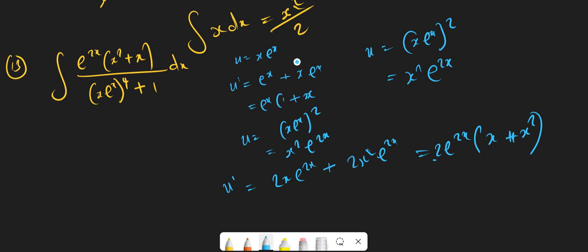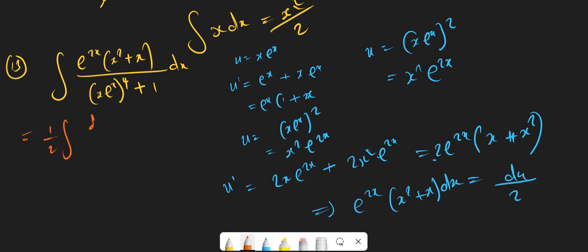So in this case, if we take u to be this, then e to the 2x times (x squared plus x) dx would be du over 2. That helps us simplify a lot, because we have 1 over 2 times du all divided by u squared plus 1, and this is half of arctan of u plus c.